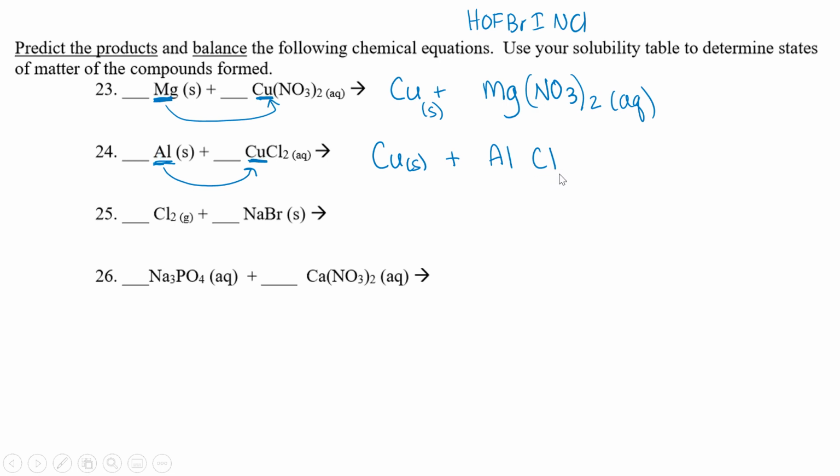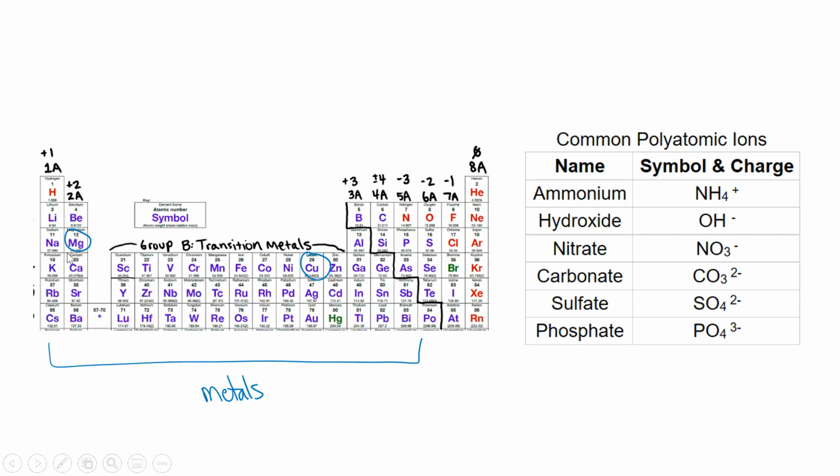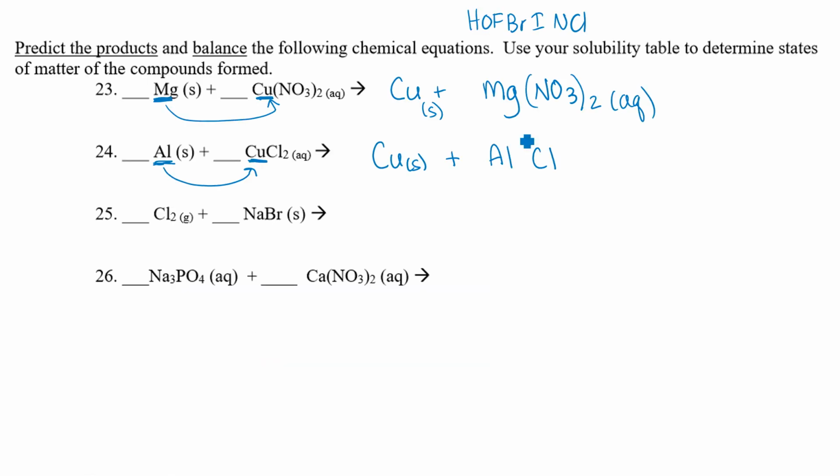So to figure out the subscript, I have to look at ion charges. If I look back here, I see that aluminum is +3, chlorine is -1. Those charges do not add up to 0, so I need to do a little crisscross. So it's AlCl3.